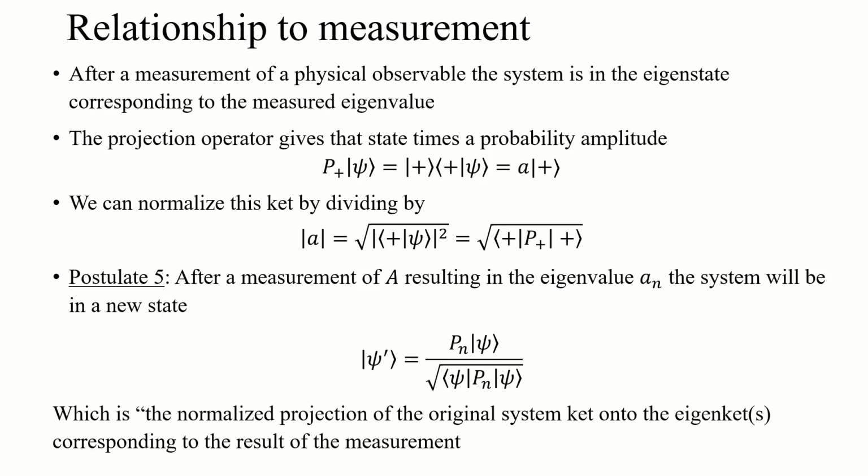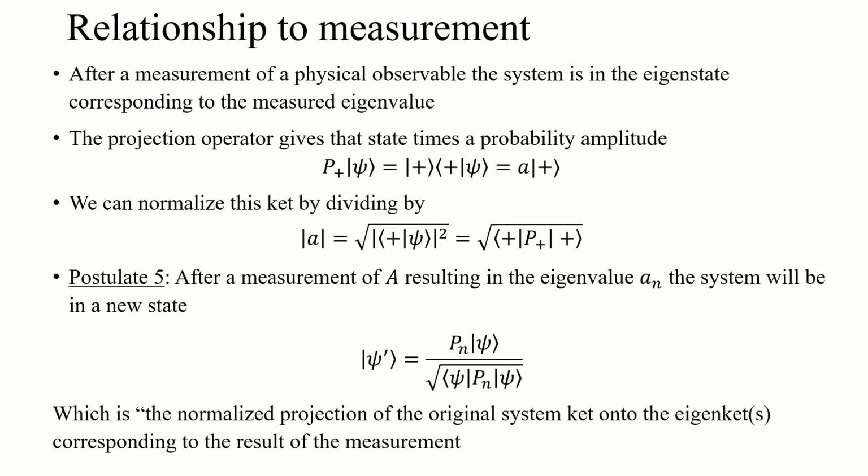That sounds pretty complicated, but hopefully it makes a little more sense now that we understand what a projection operator is and what we mean by the normalized projection of the original system ket onto the eigenket.